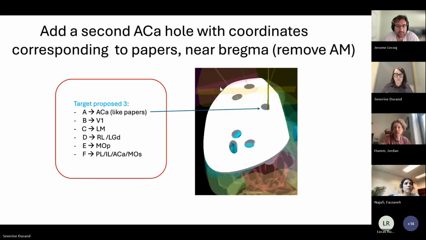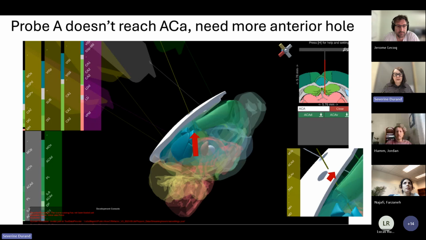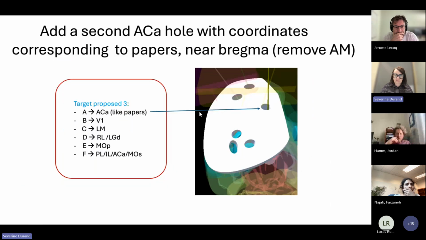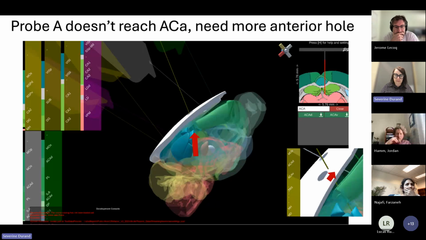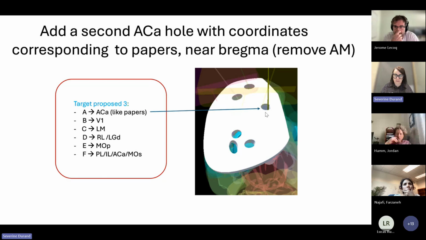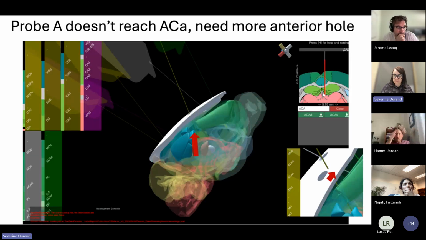So what we were just saying is that here I have this probe, probe A, which goes through the one I added at 0.3, and with this angle I don't reach ACA, so I have to push the hole a little bit more anterior.